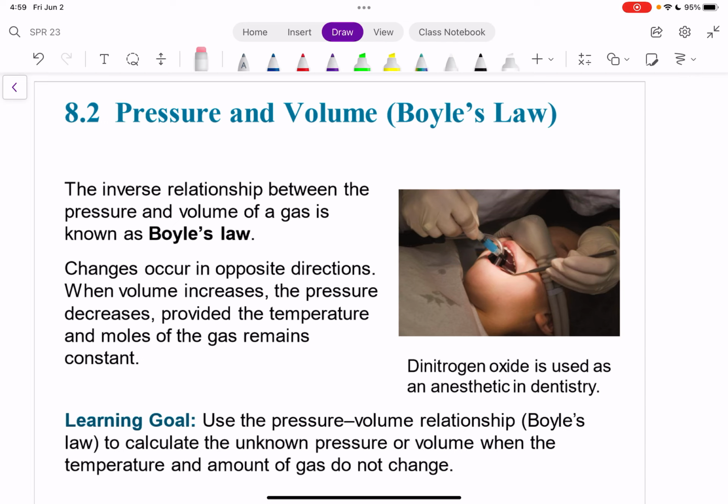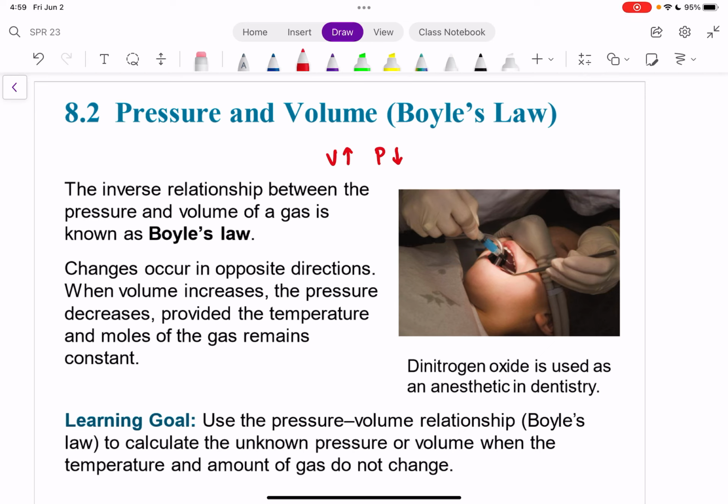An inverse relationship is when changes occur in opposite directions. So if volume increases, the pressure decreases. Okay, that's an inverse relationship. Instead of when one thing increases, the other thing increases, it's when one thing increases, the other thing decreases.